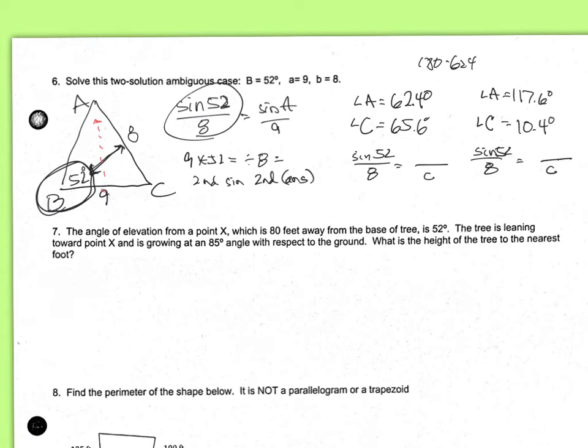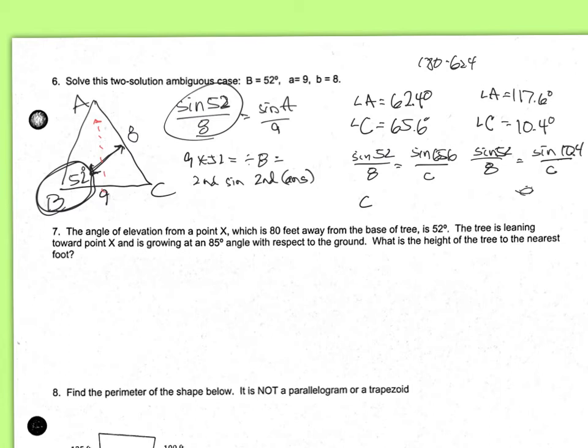So on the top would be angle C. The sine here of this one's 65.6, and this one would be the sine of 10.4. It just feels very repetitive, but with some different numbers. In the first triangle, side C is going to be bigger because this is a bigger angle. So this one should be larger than this one over here.